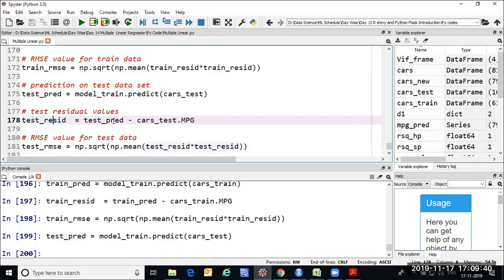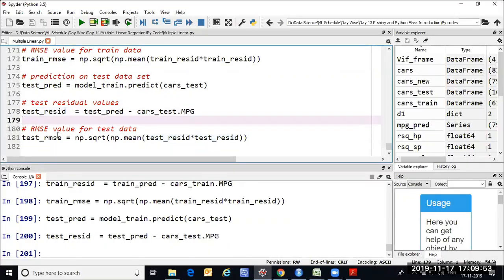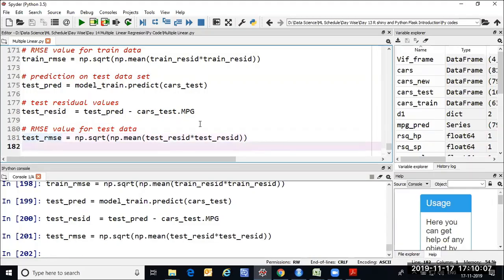Take the difference of predicted values on the test data with actual values of test data. That gives you the residuals. Then capture test RMSE. Nothing but take the square of the test errors, then apply mean, then apply square root. Clear?